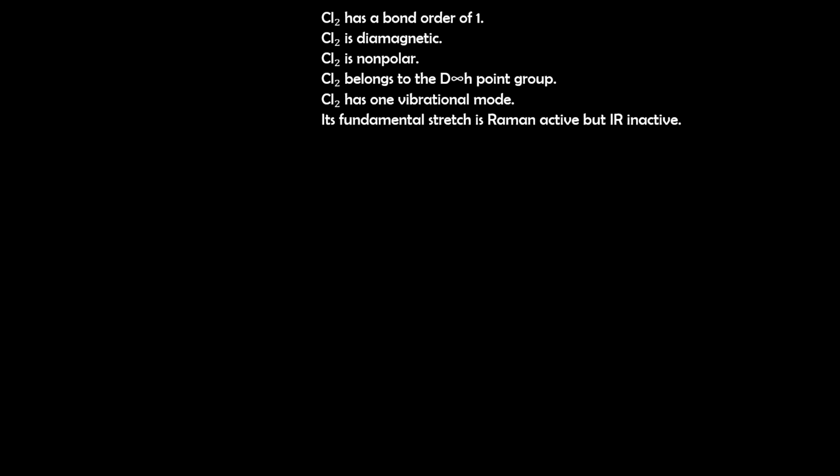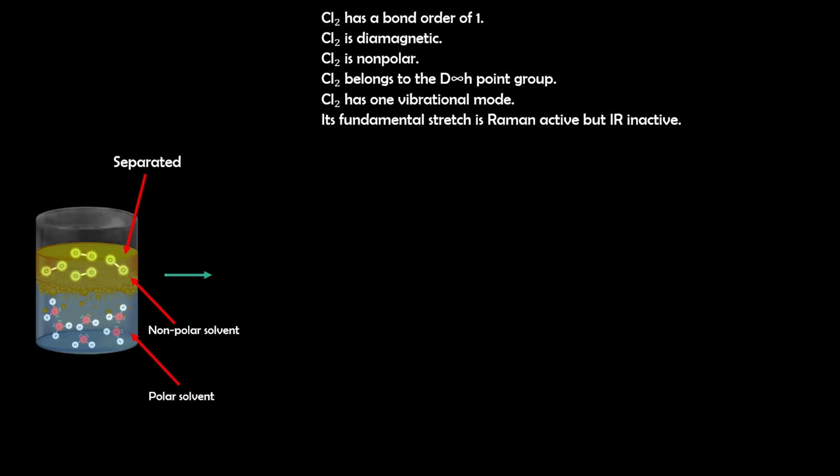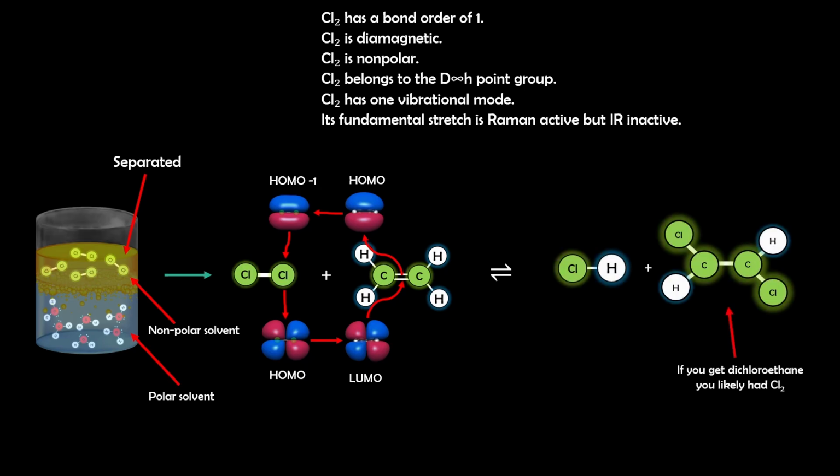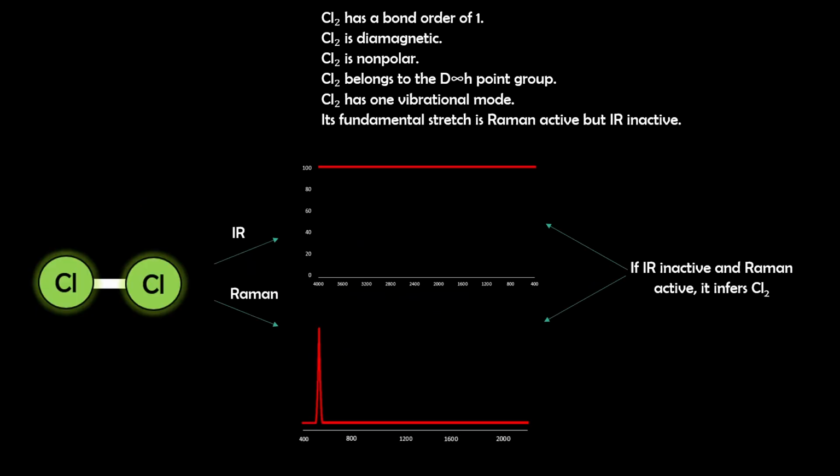So an example of how this could be useful is if we wanted to detect Cl2, we could first separate it into a nonpolar solvent, then react it with something compatible with its molecular orbitals like ethene, which is a good example. And this suggests that if after separation we get a product of dichloroethane, we may have Cl2, which we can further infer if we use Raman spectroscopy showing one peak and IR showing none.